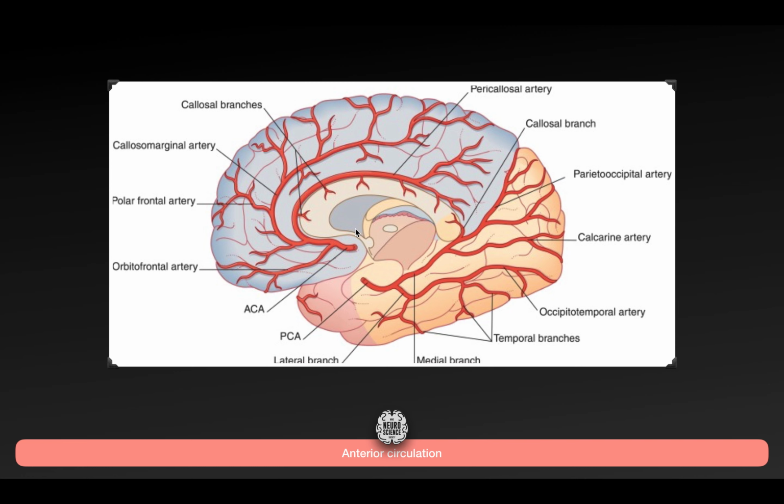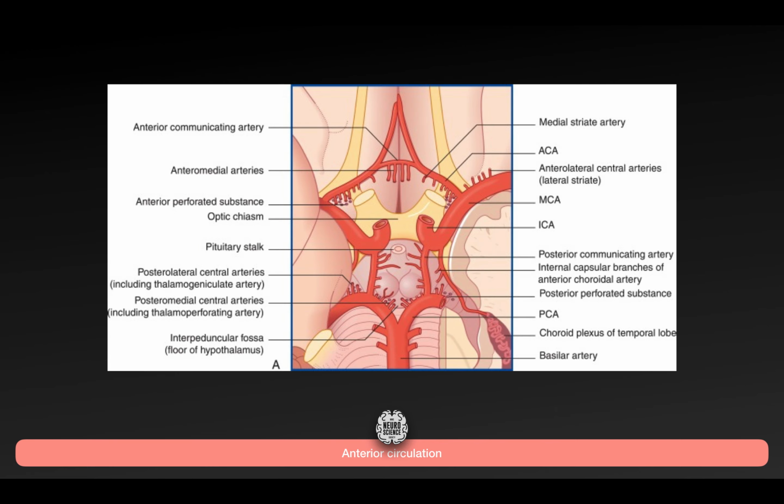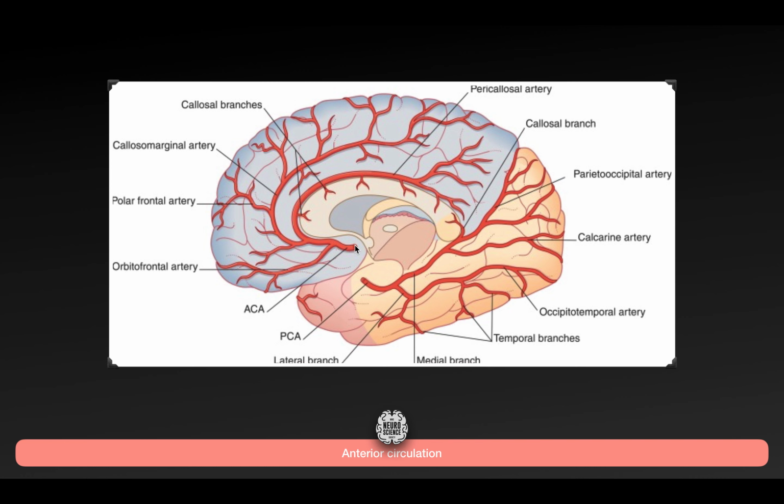So here's a beautiful illustration of the anterior cerebral artery, which is here. And if we carry on the picture mid-sagittally, it runs along here and follows the corpus callosum. So here's the corpus callosum. So this region, the end of the anterior cerebral artery, is called the pericallosal branch. Okay, the pericallosal artery.